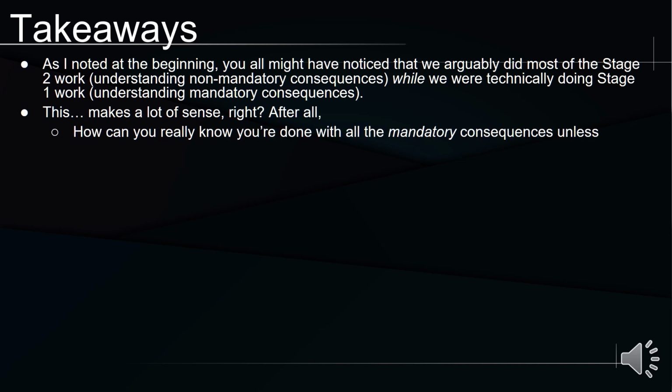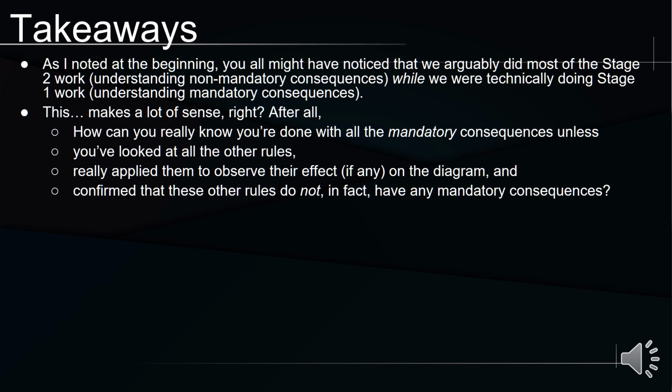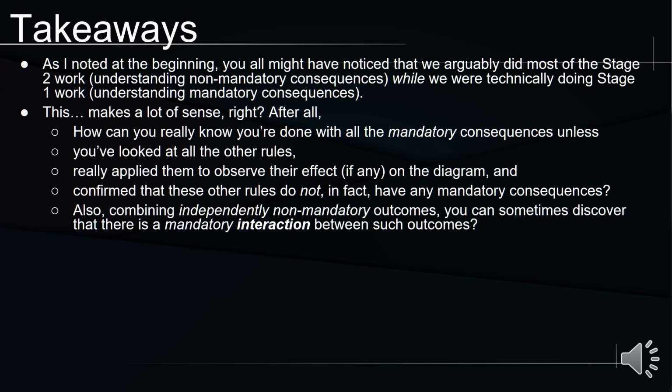Because after all, how can you really know that you're done with all the mandatory consequences unless you've looked at all the other rules, really applied those other rules to observe their effect, if they have any, on the diagram, and then confirm that these other rules do not, in fact, add any mandatory consequences on their own. So we kind of have to check all the other rules anyway, and kind of do half of the non-mandatory work in the course of confirming that there, in fact, are no more mandatory consequences.